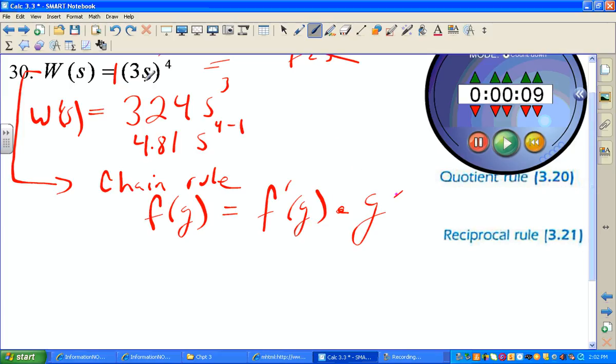What's the inside function? 3s. This says take the derivative of the outside, and the inside stays the same. The derivative of the outside is 4 times 1 to the 3rd power, and this 3s stays the same. Now I have to multiply by the derivative of the inside. What's the derivative of 3s? 3.